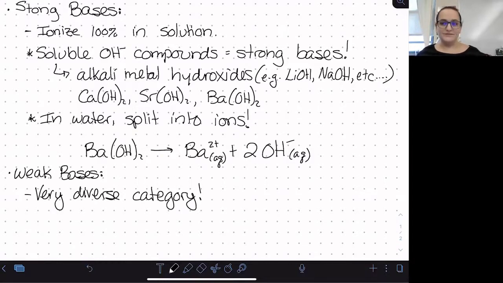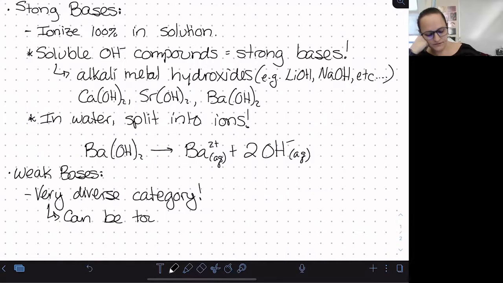Going forward, you will need to recognize that not everything is an acid or a base. So really your choices are strong acid, strong base, weak base, or none of the above. For now, we're going to ignore the none of the above possibility. We'll get back to that. So these can be a little bit tough to identify in some situations.